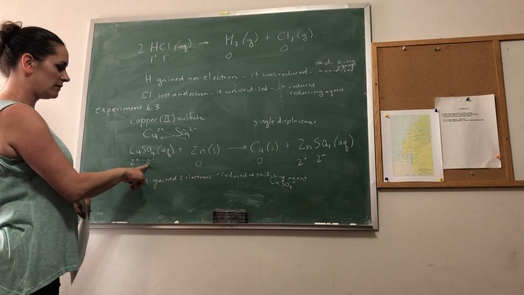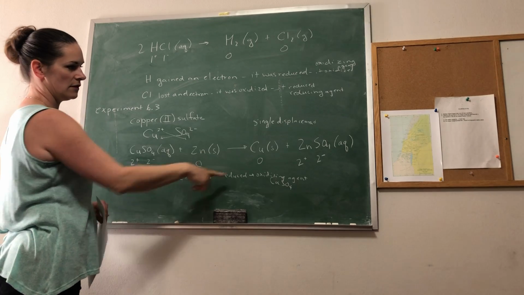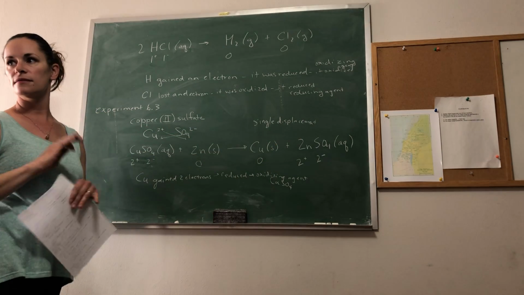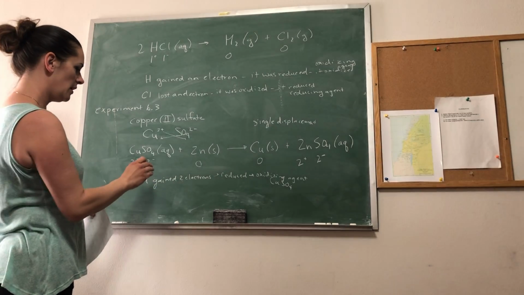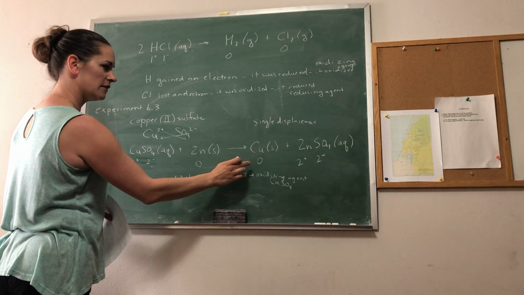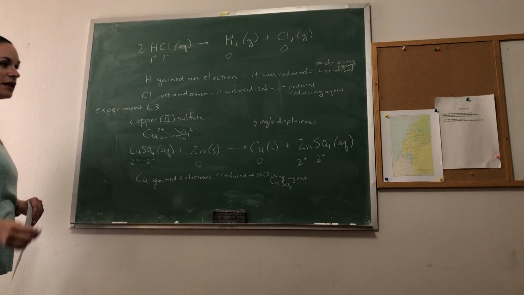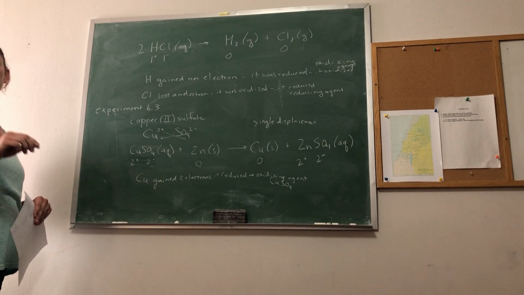What happened to the sulfate? The opposite. No, sulfate's 2 minus. Yeah. Sulfate was, in terms of redox reaction, like the spectator here. Zinc was opposite. Zinc went from 0 to 2 plus. So it lost electrons, right? Oxidation is loss, oil.